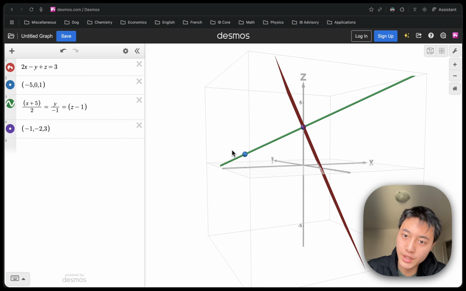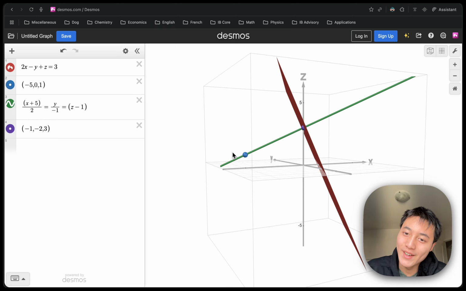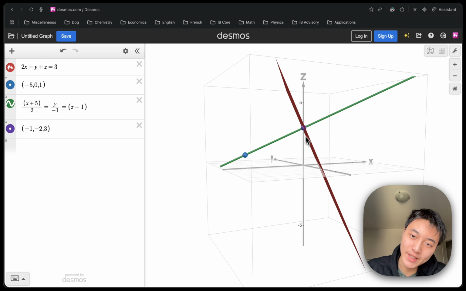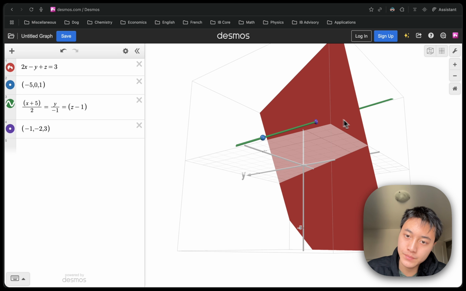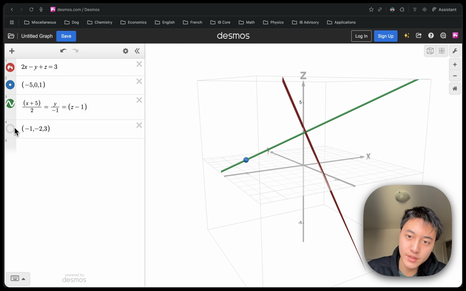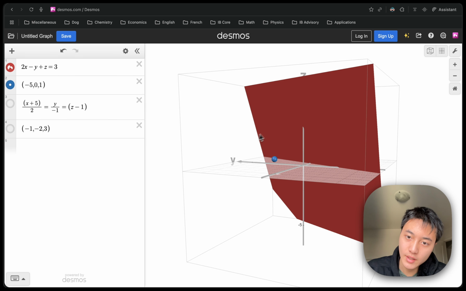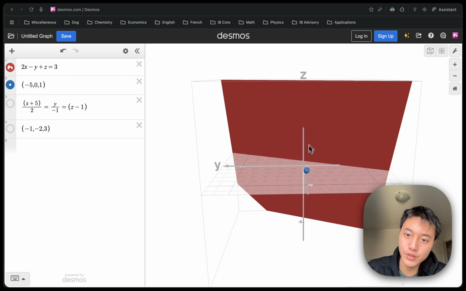Yeah, it looks pretty normal. This is making a 90-degree angle, which is the normal, and this looks like the shortest distance between, okay, let's just remove this and this. So the shortest distance wouldn't be to here.